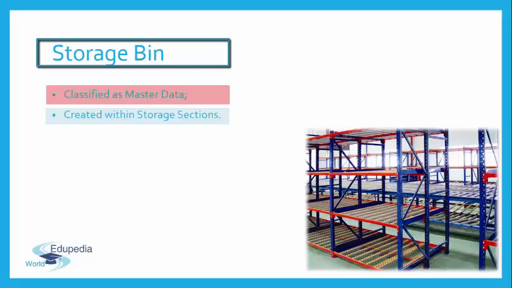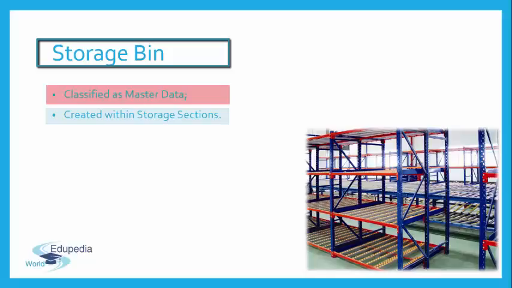We can state, within what we call a storage bin type, the maximum dimensional capacity that a particular storage bin can accommodate. For example, we can say this one is 3 meters by 3 meters. We can state a volume. These allow us to further partition our storage sections. We're now looking at the actual place in which our product sits, and we are placing dimensions or generally criteria that will allow us to limit and control what exactly and how much of a particular material can be loaded into these particular storage bins.